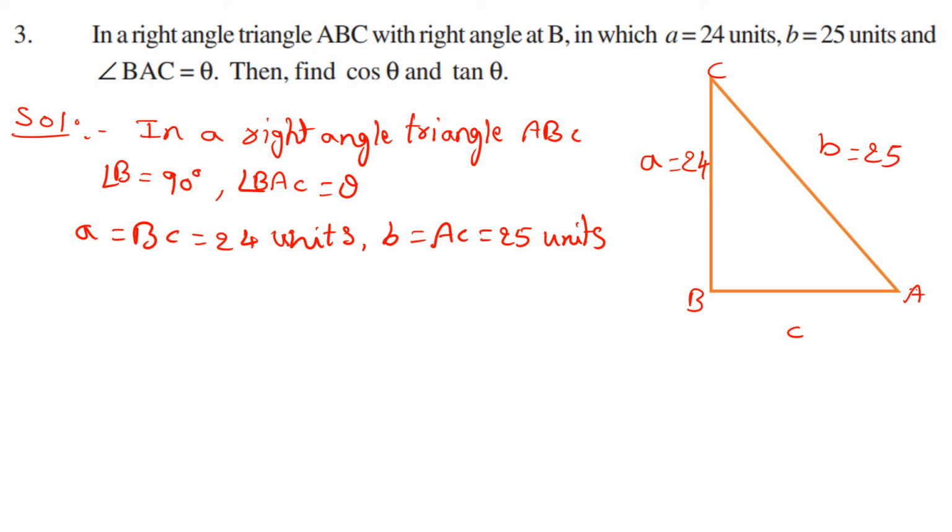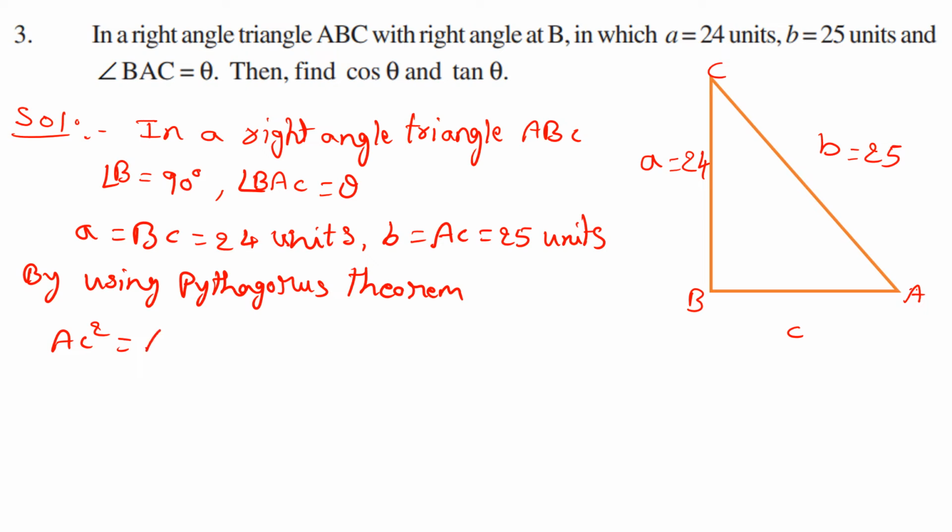By using the Pythagoras theorem, we first need to find AB. The Pythagoras theorem says AC square equals AB square plus BC square.